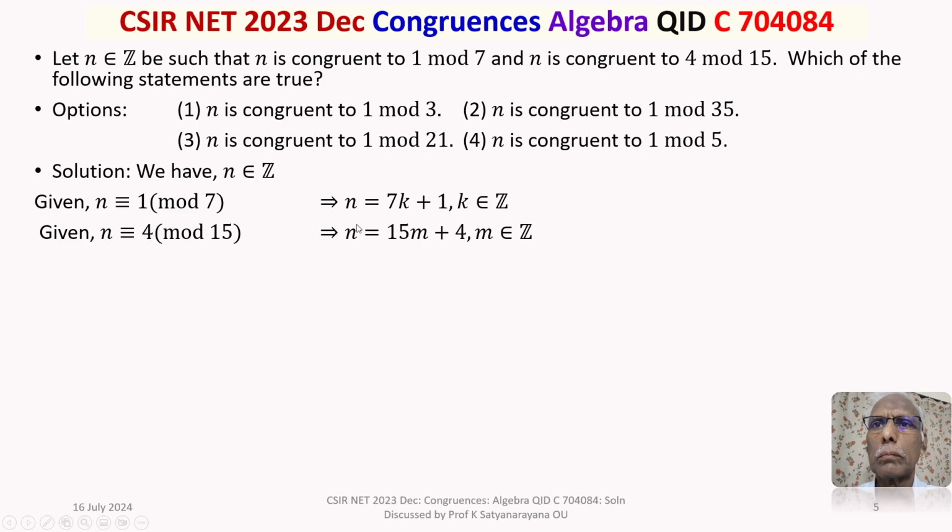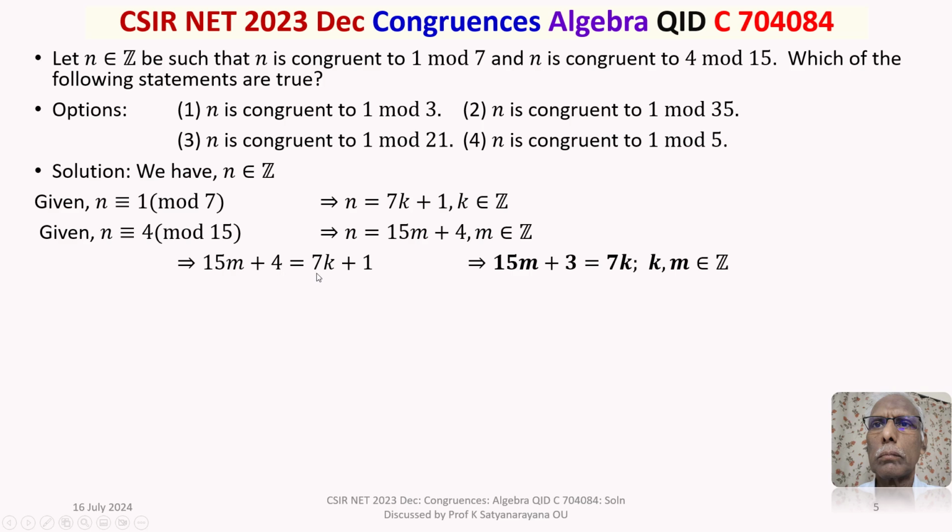Now, for what values of k and m does 7k plus 1 coincide with 15m plus 4? We search for those k and m for which 7k plus 1 is equal to 15m plus 4.